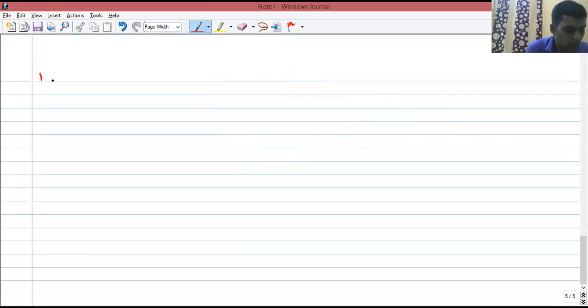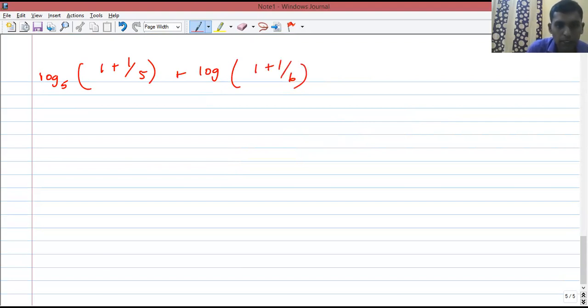Log of 1 plus 1 by 5 to the base 5, plus log of 1 plus 1 by 6 to the base 5, and so on up to log of 1 plus 1 by 624. How to solve these type of questions?